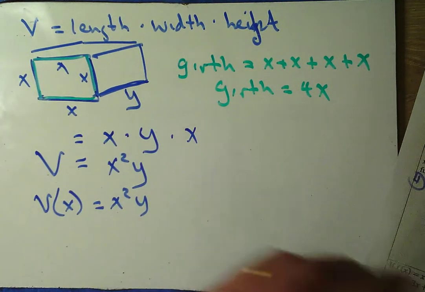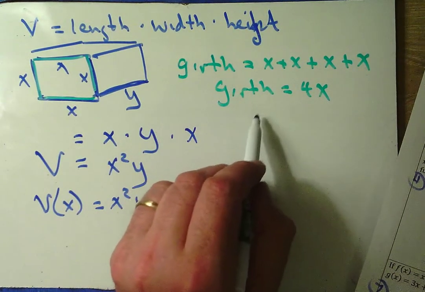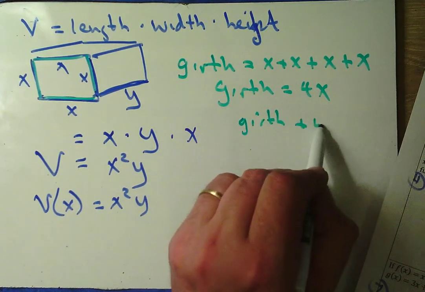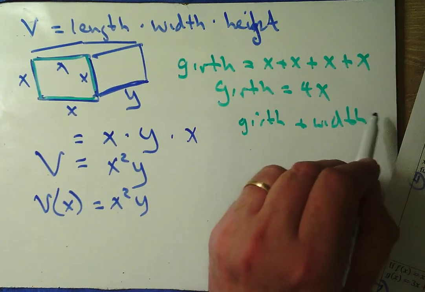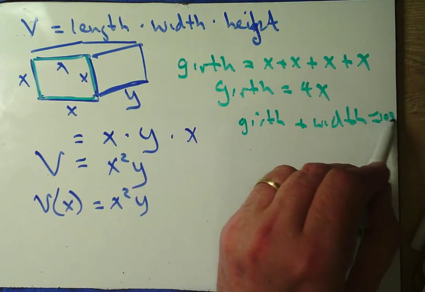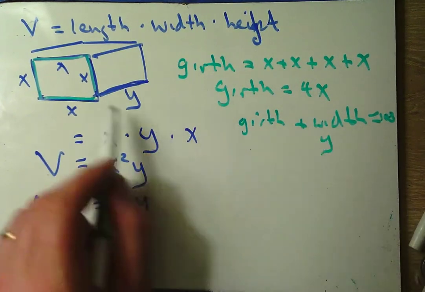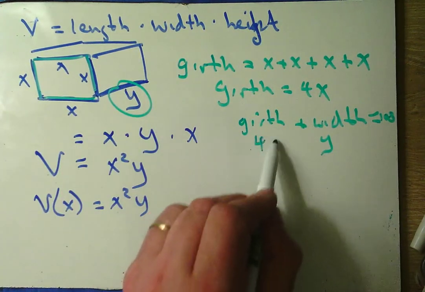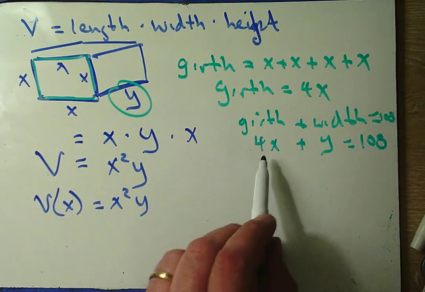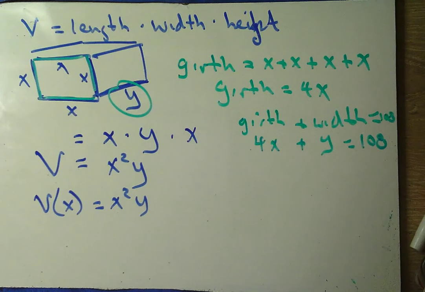But I'm told in that sentence that the combined girth and width equals 108. Well, our width in this picture is y. Our girth is 4x. So I have this helping equation here, 4x plus y equals 108.